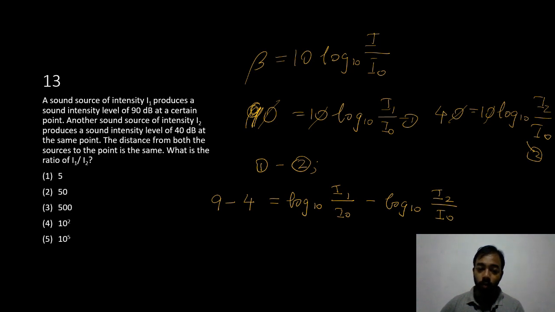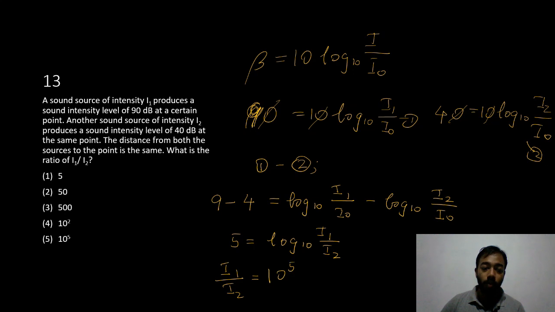I will skip the simplification steps, so you can write 5 is equal to, by simplifying these logarithms, log10 of I1 over I2. So you can take the anti-logarithm of this to find the ratio I1 over I2, which will be equal to 10 to the power 5.